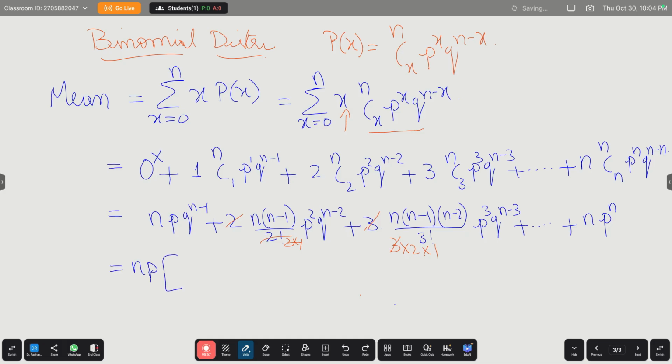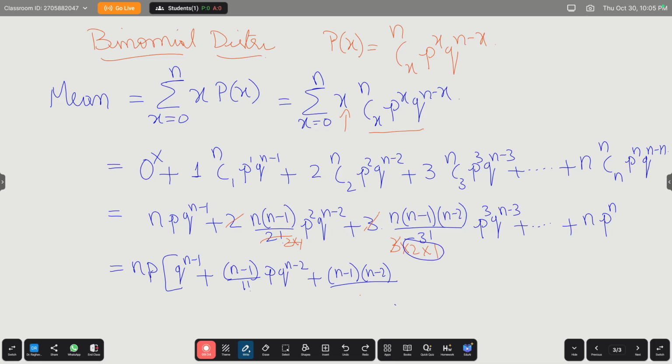Once you take out n and p, you are left with q power n minus 1 in the first term, plus in the second term n has gone out, so you have only n minus 1 divided by 1, which can be written as 1 factorial. And out of p square you have taken 1 p out, so you are left with p and q power n minus 2, plus n is not there, only you have n minus 1, n minus 2 divided by, 3 has been cancelled, so you have 2 into 1 only.